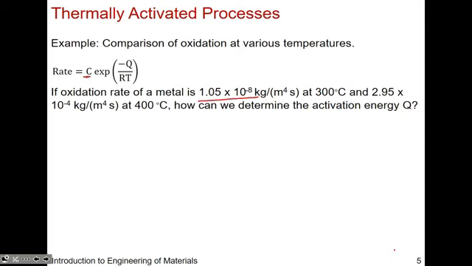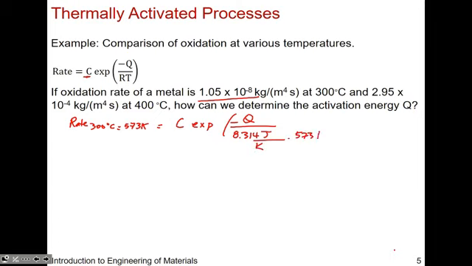Well, we know everything except for C. We know the rate, so the rate at 300 C or 573 Kelvin is just C times exponent of something that we don't know over something. So we know how to write these relationships based on the equation.